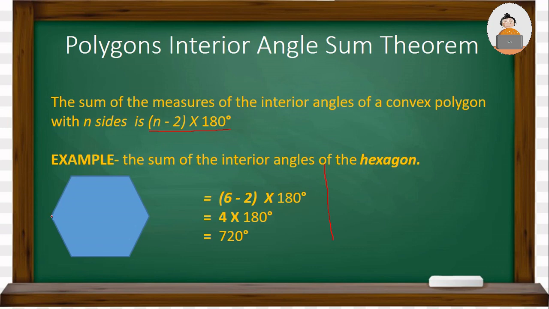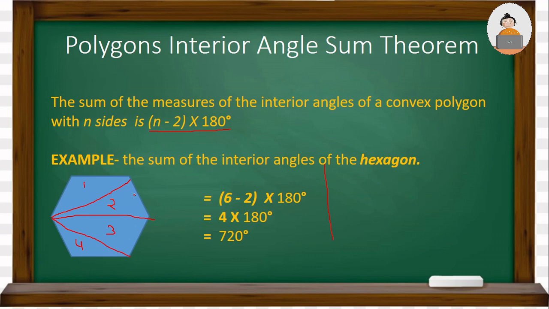So I will start from this point and draw a line to this point, next and the last one. You can see the hexagon is divided into four triangles, 1, 2, 3 and 4.